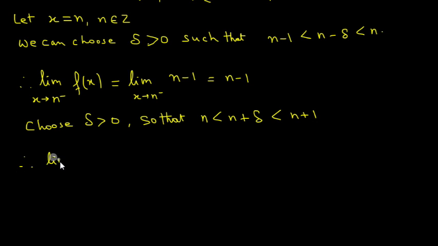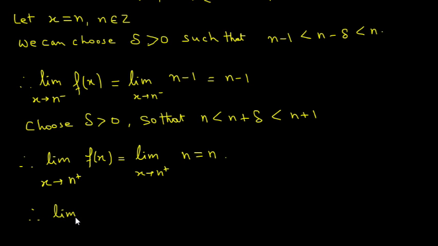Therefore, limit x tends to n plus f(x) is equal to limit x tends to n plus n equal to n. Therefore, limit x tends to n f(x) does not exist.